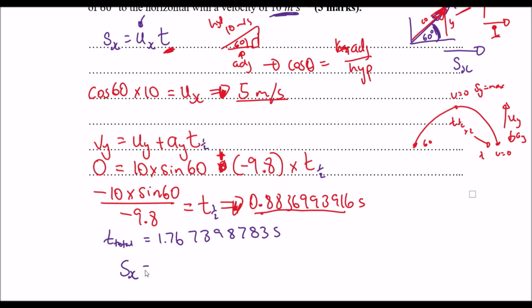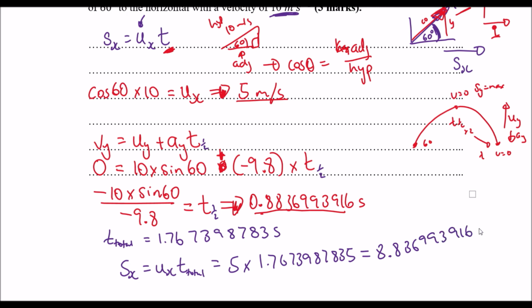So plugging that into my calculation now, Ux was 5 and we already have T total here. So that gives us a value of 8.8993916 meters. Rounding it off to 2 decimal places, being consistent with my answer above, it's 8.84 meters, 2 decimal places.